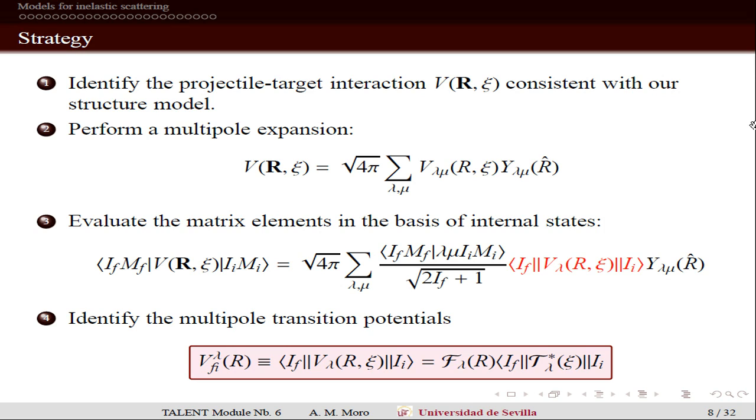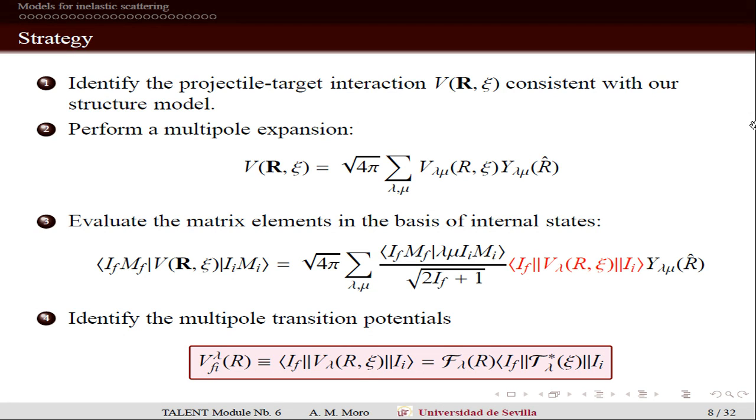And then we have to identify, in this expansion, this reduced matrix element of the potential that is written here. And this is the multipole transition potential for a given multipolarity. And this is the key ingredient, because this is what we have to supply to the code, for example, Fresco or whatever.